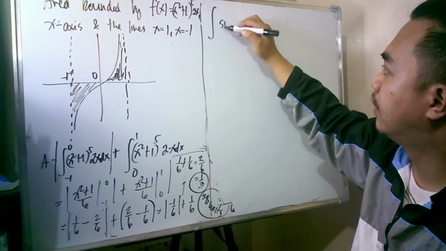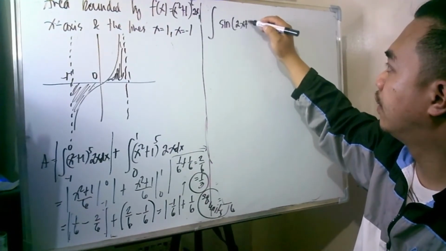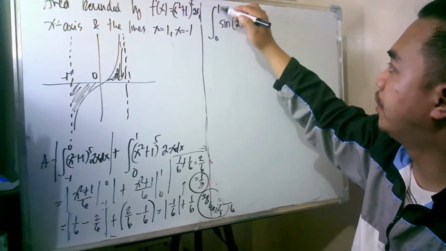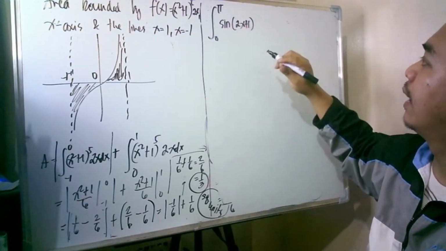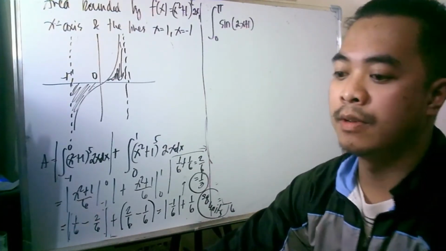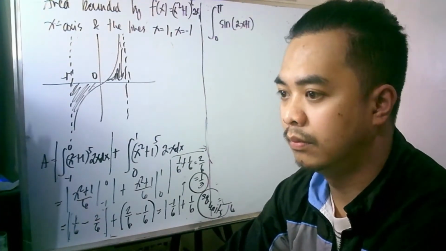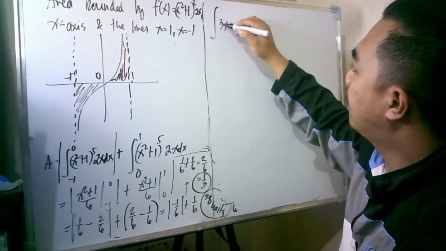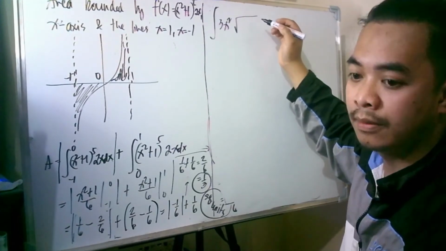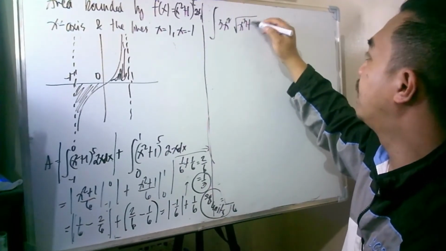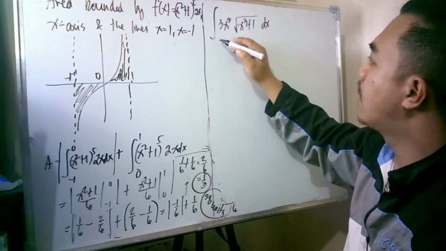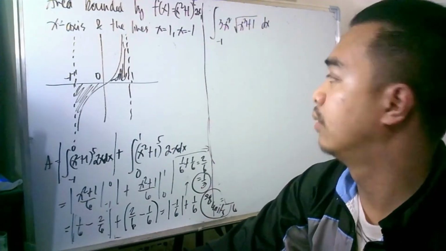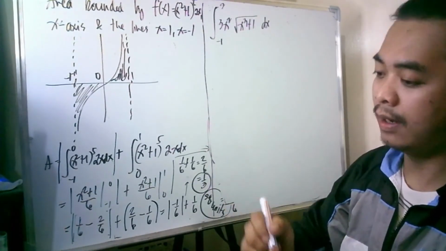Kaya sine of 2x plus 1 from 0 to pi. Check ko nga muna. Integral of 3x squared square root of x cubed plus 1 dx from negative 1 to kahit positive 2 na lang.